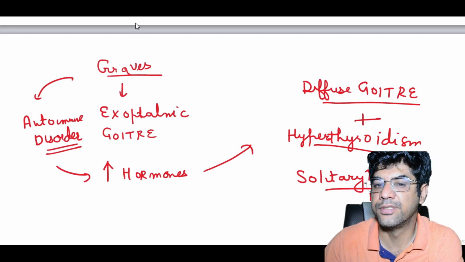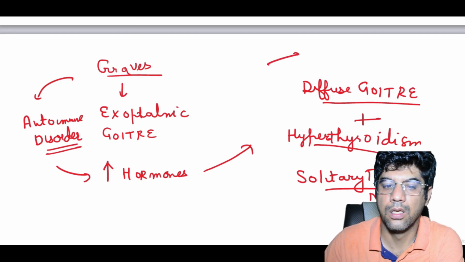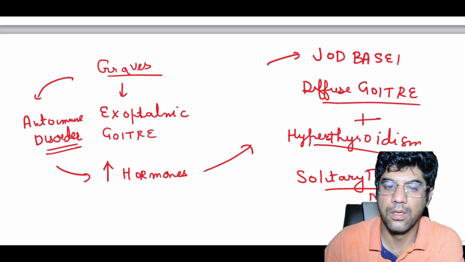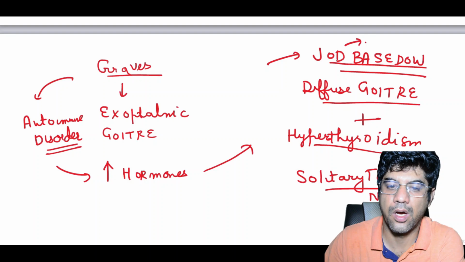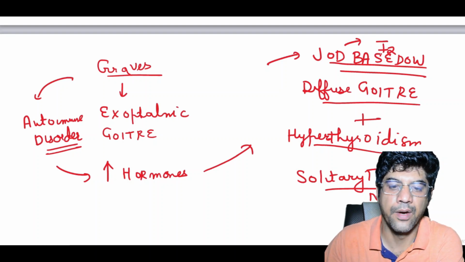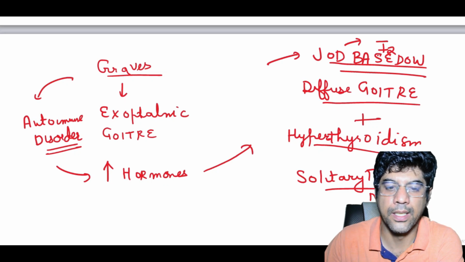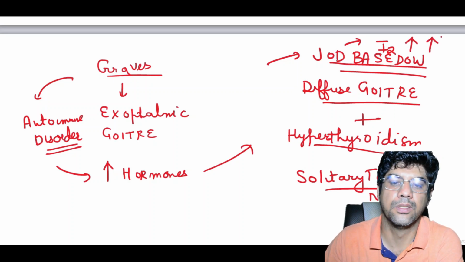Another cause of thyrotoxicosis could be the jod-basedow phenomenon. What is that? Remember, for your entrance exam, it is iodine-induced thyrotoxicosis. So when iodine is given for hyperplastic endemic goiter, that leads to excess thyroid hormone production.